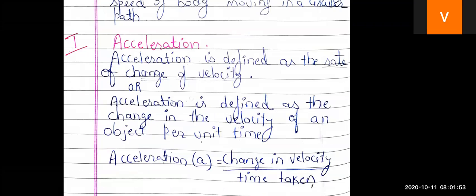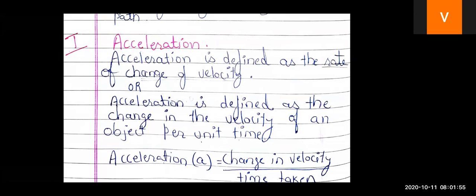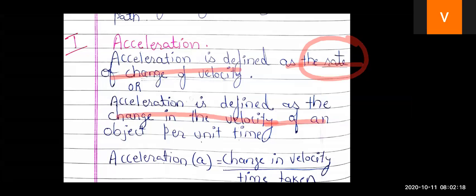So children, acceleration is defined as the rate of change of velocity, means at what rate the velocity is changing, right? So we know the rate is with respect to time. So either you can define it as the rate of change of velocity, or you can define acceleration as change in velocity of object per unit time.